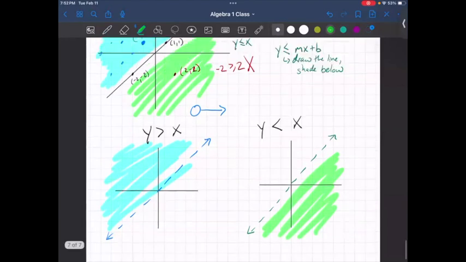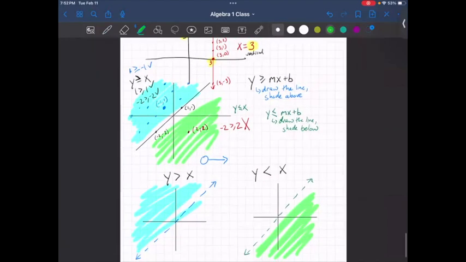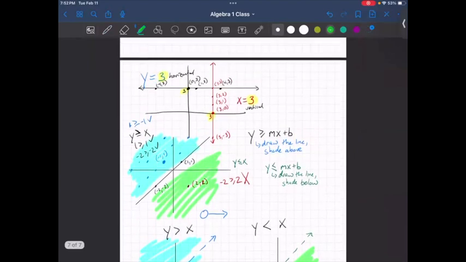And then the only different case is if I had x is greater than or equal to 3. Well, x increases not up, but to the right. So for something like that, I would shade to the right of that value. There's one problem like that on the homework, and hopefully that made sense.